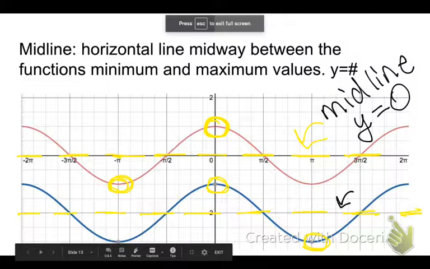Which means this midline is at the line y equals -2.